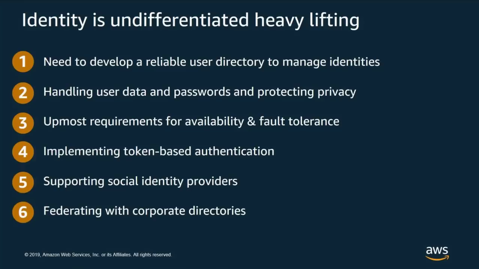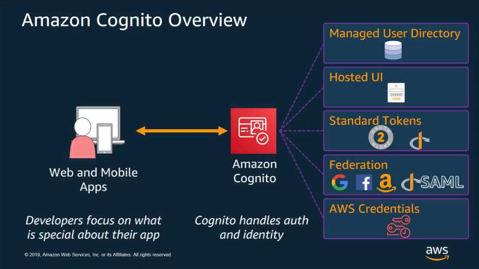And the whole world of identity, with federation and protocols like OpenID Connect and SAML and token-based auth, is a little bit of black magic. At the end of the day, it's necessary stuff to make a modern application work, but it's very much undifferentiated heavy lifting. And that's where we see Amazon Cognito coming to the rescue.